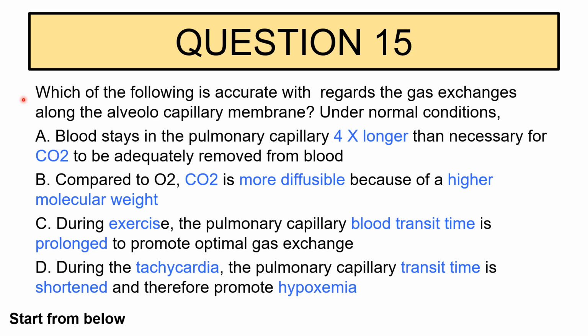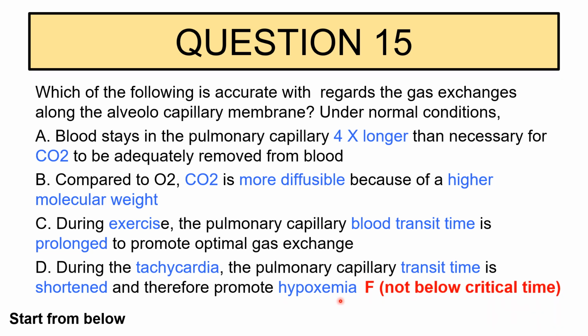So we go back to this question here. Which of the following is accurate with regards to gas exchange along the AC membrane? Under normal conditions, let's start from below. During tachycardia, the pulmonary capillary transit time is shortened and therefore promotes hypoxemia. That is false.